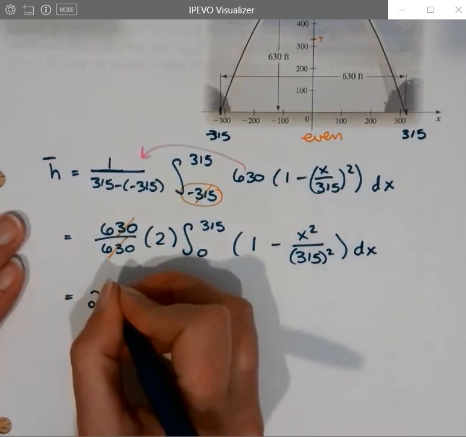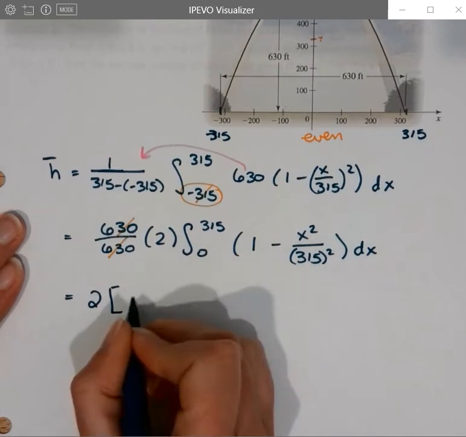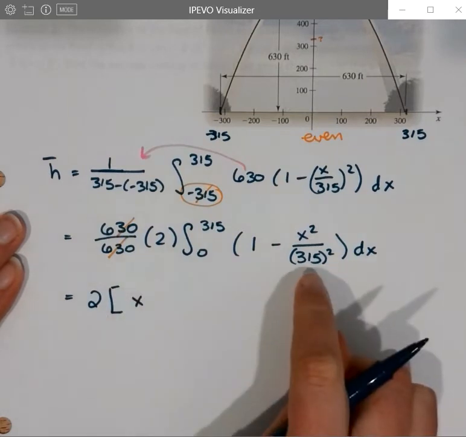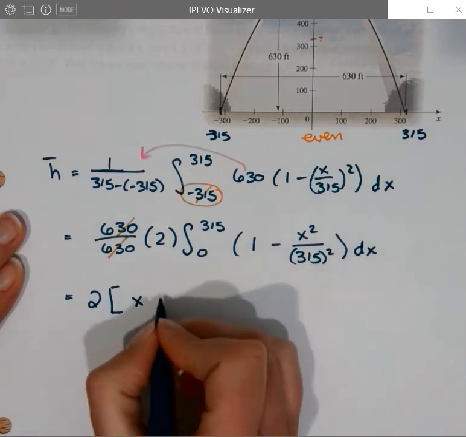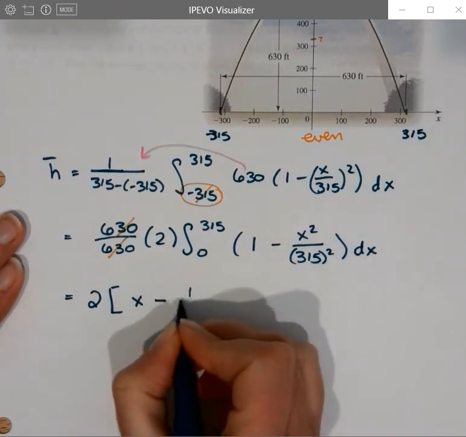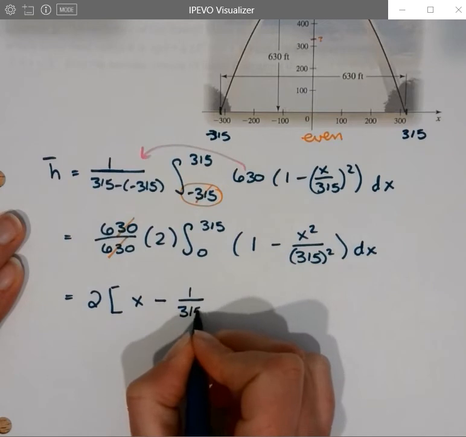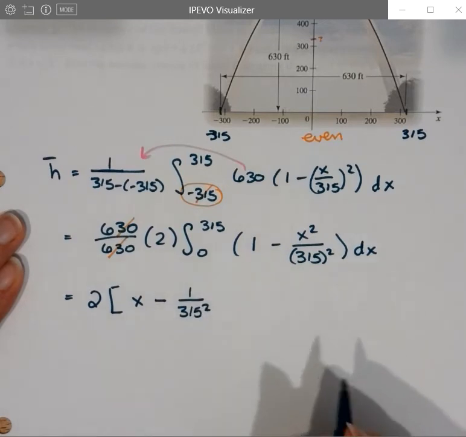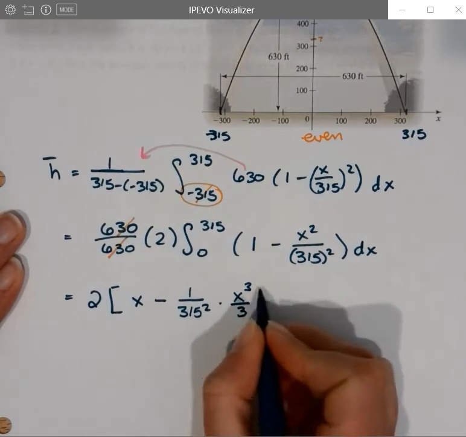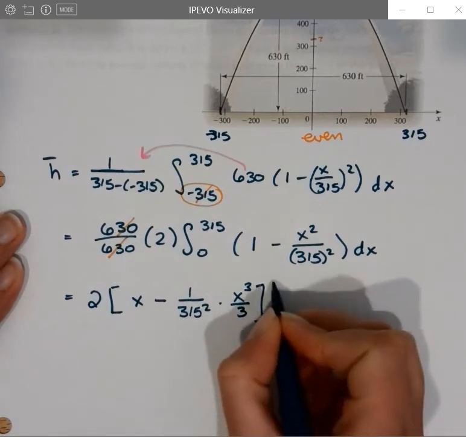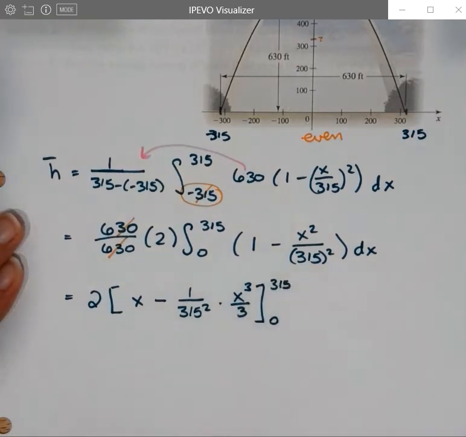So 2 times, when I integrate 1, I get x. X squared over 315 squared, that's a coefficient. So I can think about this as 1 over 315 squared times x squared. And when I integrate x squared, I get x to the third over 3. And then between our bounds, between 0 and 315.